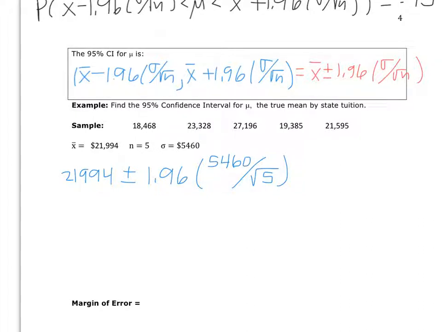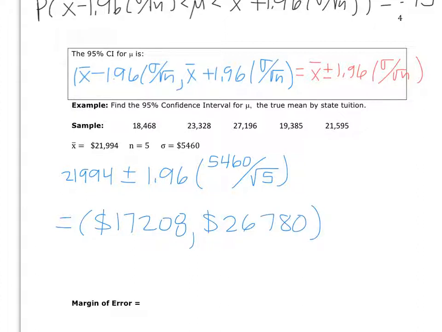So the interval goes from $17,208 for the lower bound up to an upper bound of $26,780. Remembering what a confidence interval tells us, there is a 95% probability that the true mean in-state tuition is between 17,208 and 26,780.